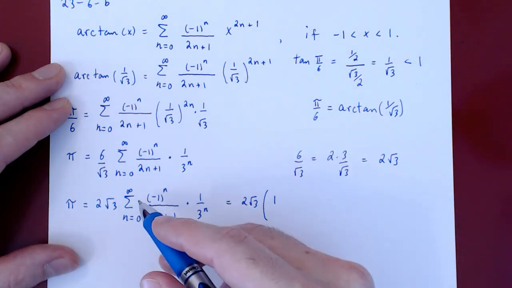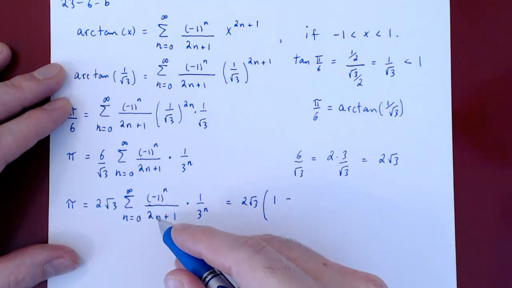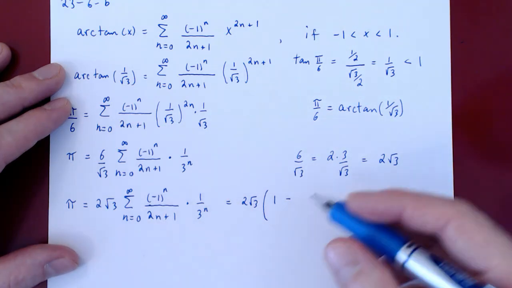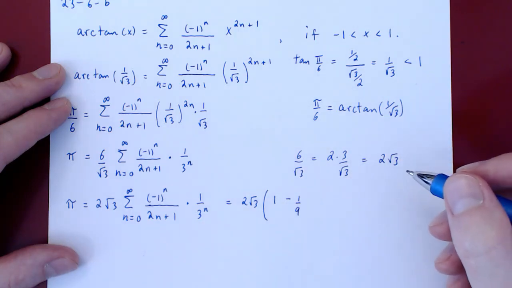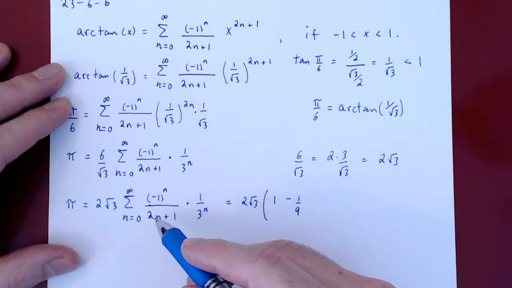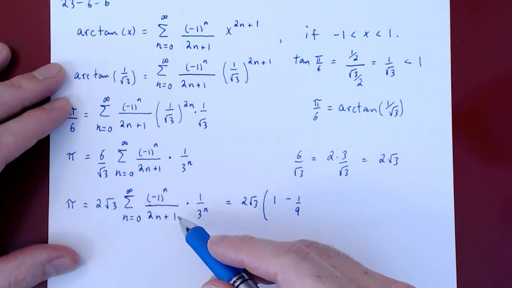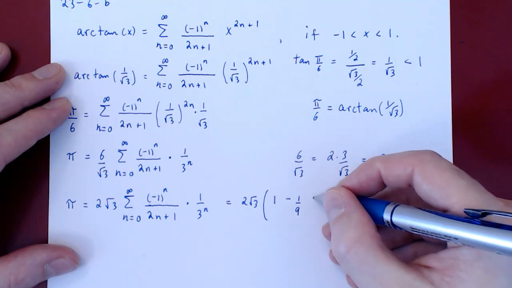Then when n is 1, this is now negative 1 over 2 plus 1, 3, times 3, 9, so negative 1 over 9. When n is 2, this is now 1 over 2 times 2, 4, plus 1, 5. 3 squared is 9. 5 times 9, 45.